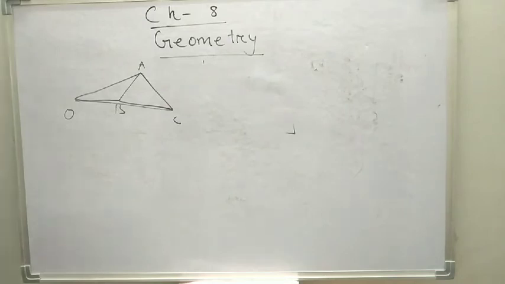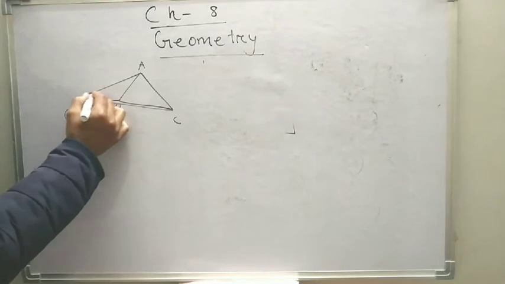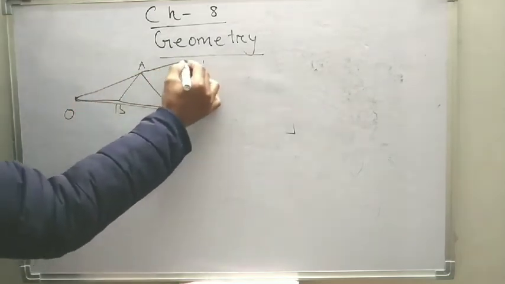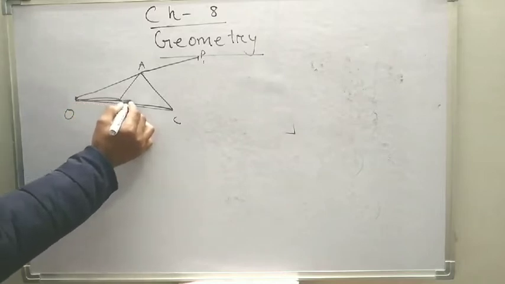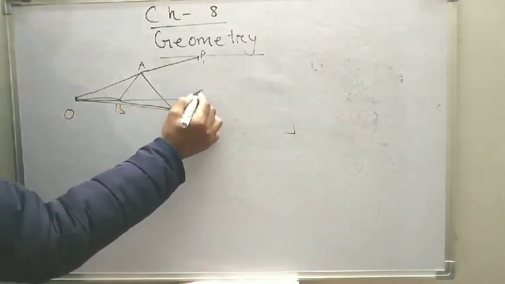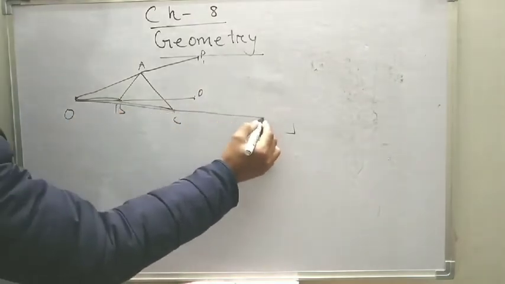Now what will happen? If we extend these such that OA is equal to AP, suppose here is P, then OB is equal to BQ and OC is equal to CR.